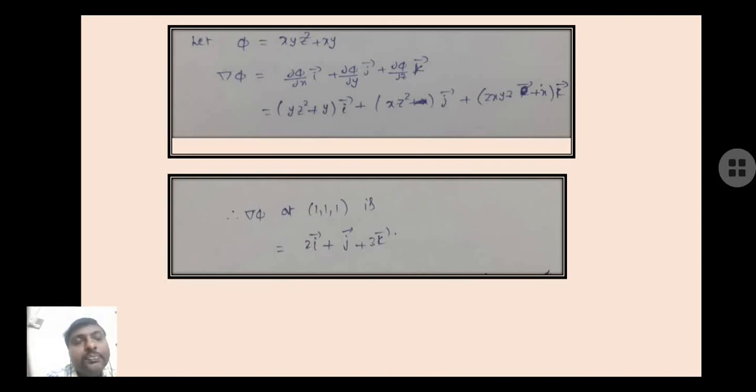So now both are existing. They gave two scalar point functions. I try to calculate the directional derivative of phi in the direction of normal to the surface f at the given points.